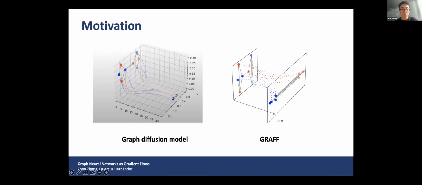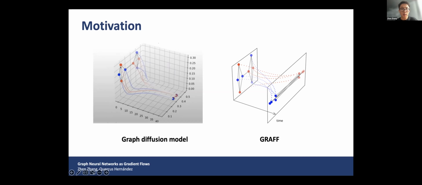As time evolves, or as the depth of the neural network grows deeper and deeper, what happens in a typical graph diffusion model is this kind of over-smoothing phenomenon, in the sense that a lot of the nodes collapse into a single node.